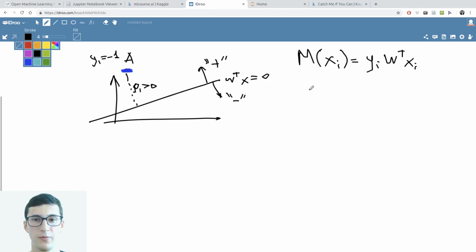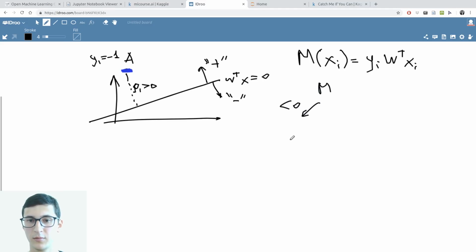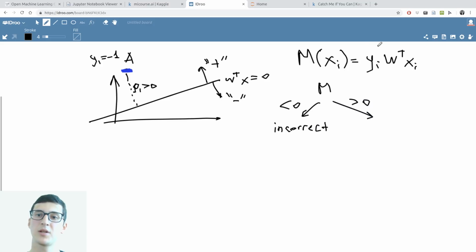If we take a look at the sign of a margin, if it's negative, we make a mistake. So the classification is incorrect. And if margin is positive, that means that the sign of the label and the sign of distance coincide. So we've got positive margin. That means that the classification is correct.